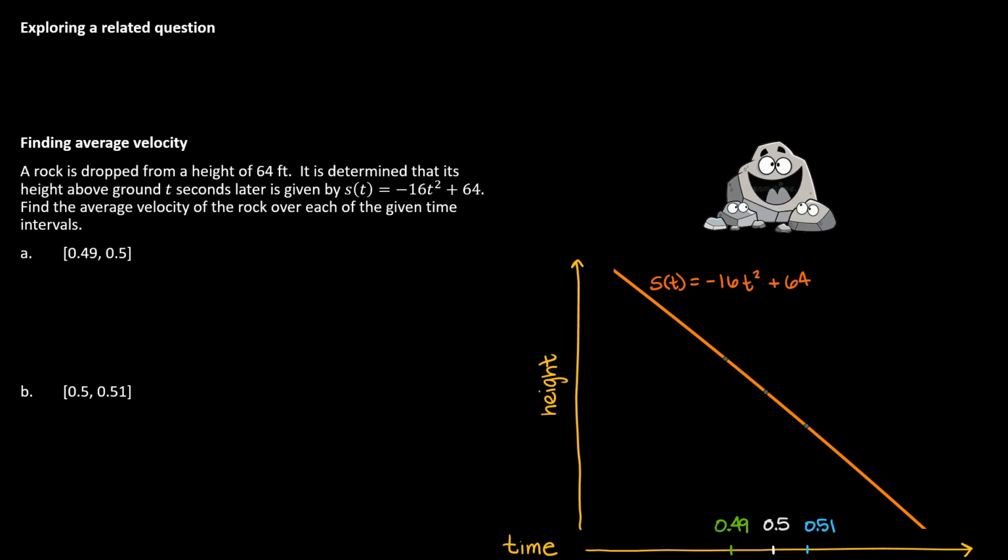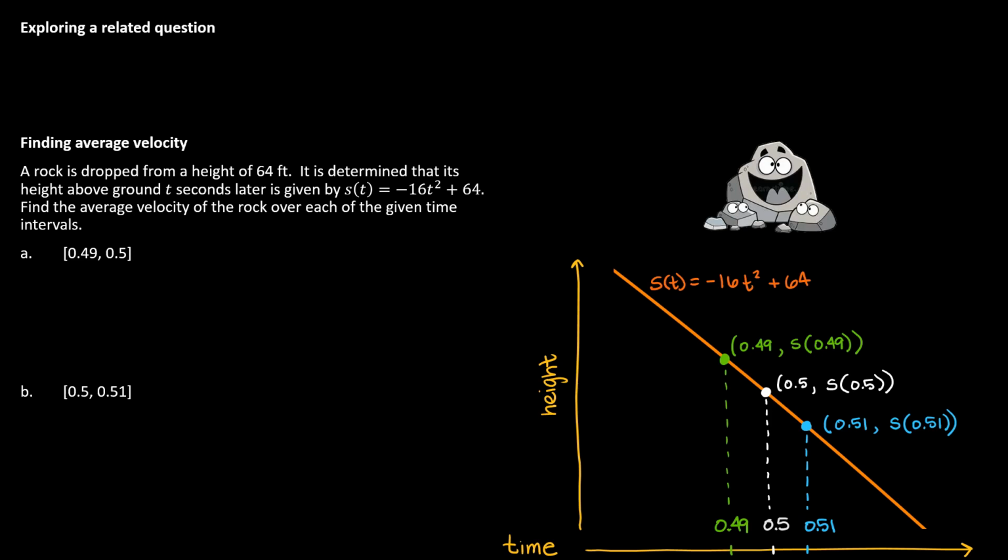What we need to do is calculate the secant slope between the points that were given. So we need to calculate the output for each of these time inputs. With these outputs, we'll be able to calculate the average velocity for each time interval.